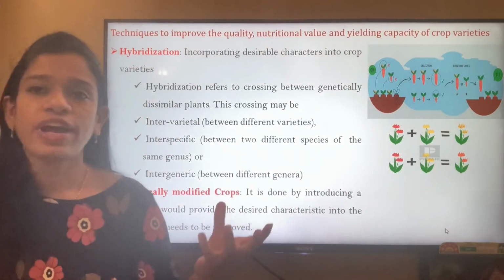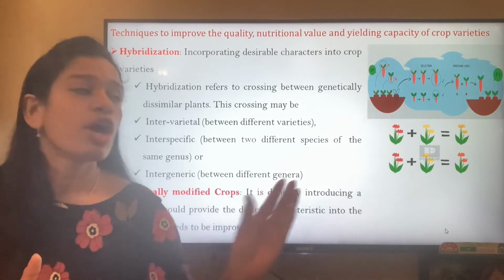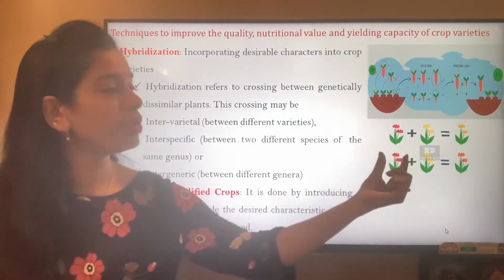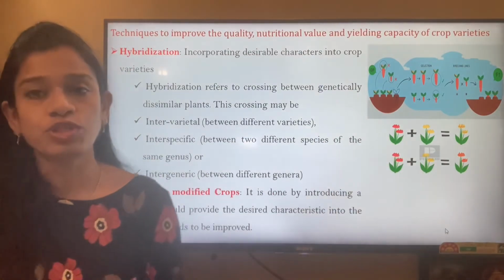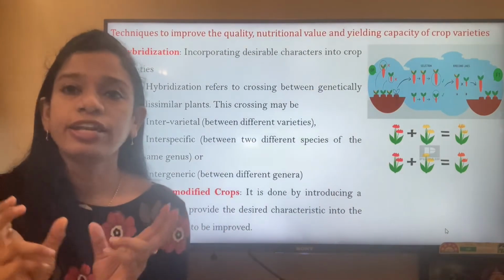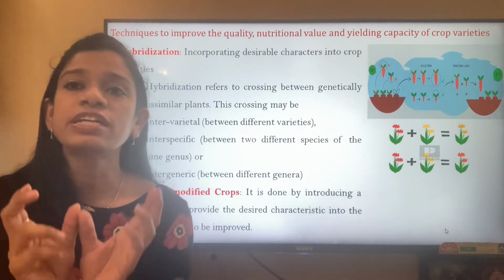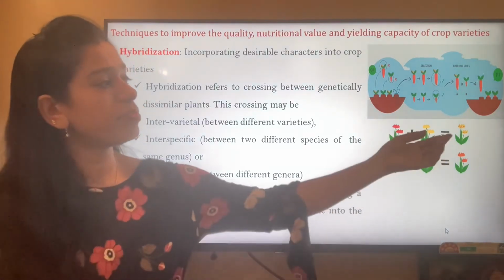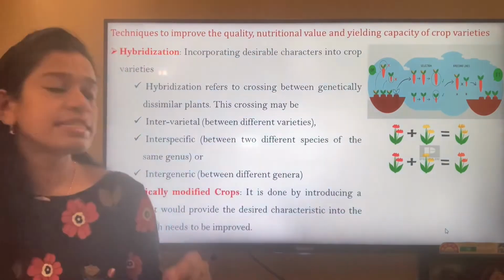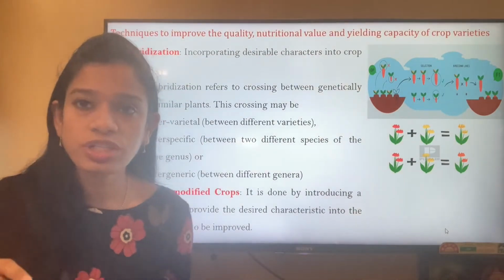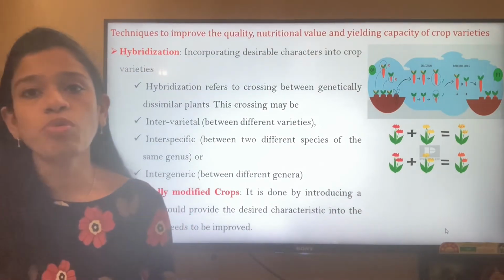So it gives rise to a new type of plant, because the female was from the red tulip and the male was from the yellow tulip. Now both are different. We are trying to mix these two different ones and give rise to another type. So it can have red striations in it, or it can completely change the color and become orange in color.